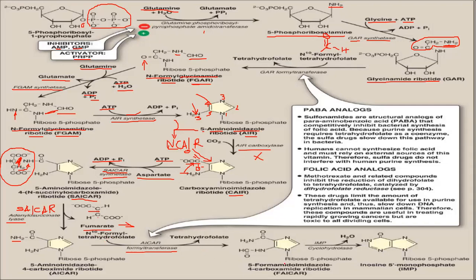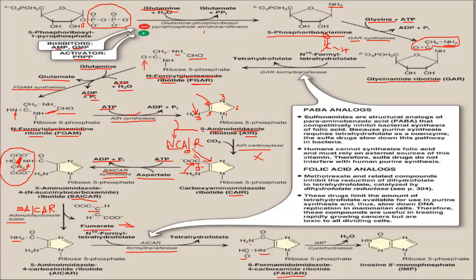To form this new compound, you see the formyl group is added to this nitrogen at position number 5. So it is 5-formamidoimidazole-4-carboxamide ribonucleotide.